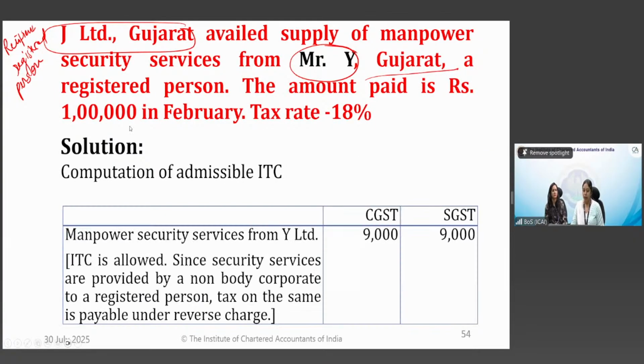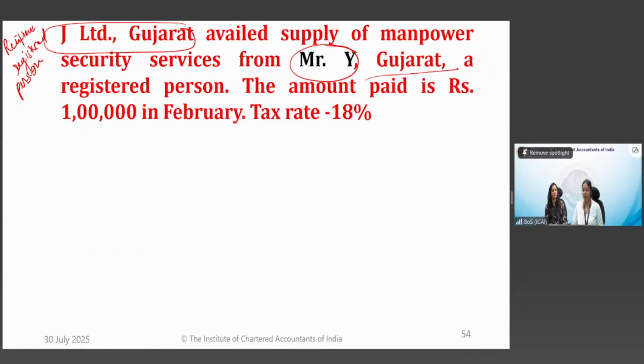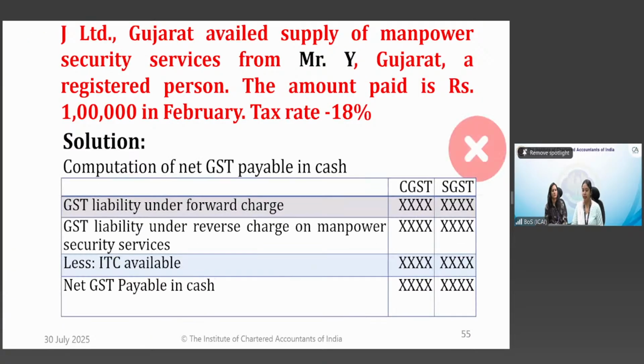So what we have done is, since security services are provided by a non-body corporate, we have given the correct treatment first of all. In fact, in this question, I think wrong treatment we have not given. So wrong treatment is afterwards and correct treatment is first of all.